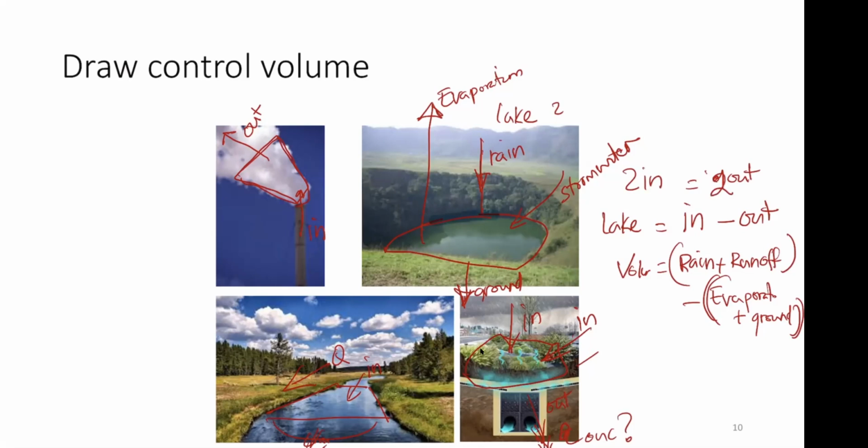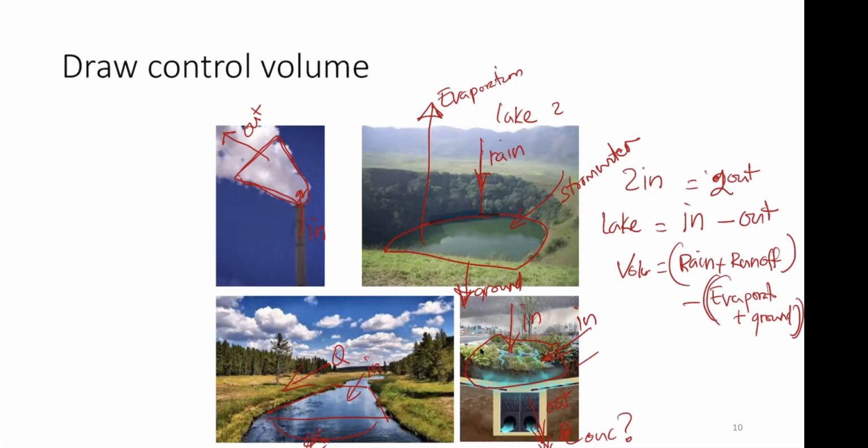Yes, Professor. In the fourth picture, the volume that you drew seems to have water and land and grass, but we're measuring just the water, right? So what is the control volume there? Is it supposed to encompass the land as well?